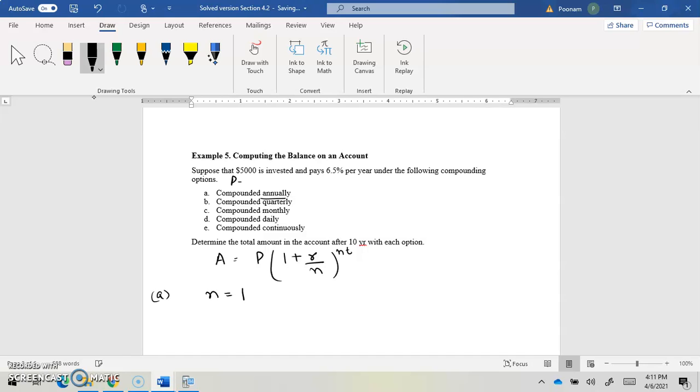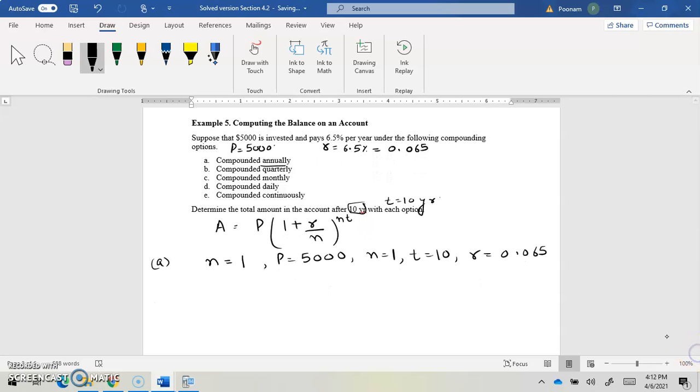From here we have principal is 5,000, interest rate is 6.5%. In decimal, that is written as 0.065, and T is given to be 10 years. So principal is 5,000, N is 1, T is 10, and R is 0.065. We always have to work R as a decimal number.